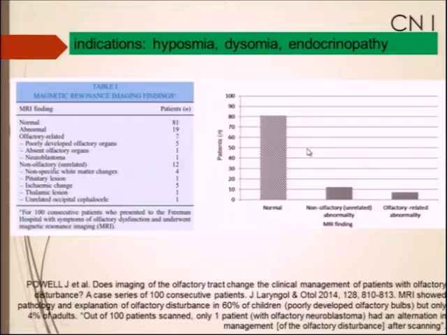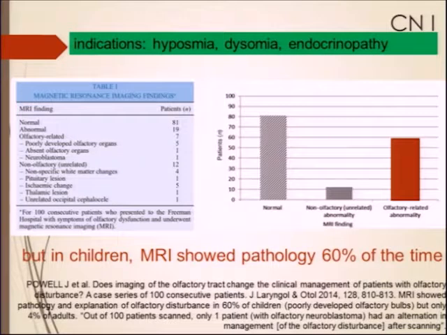But whether or not MR plays a role in neuroimaging is a little bit different on the pediatric side than the adult side. Some studies have shown that MR plays very little role in actually changing management of patients with olfactory disturbances. But in children, up to maybe 60% of the time, although the numbers tend to be smaller in studies of children, MRI can change management and can show pathology.